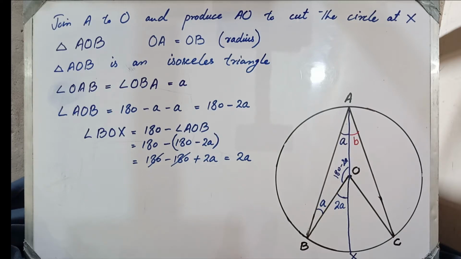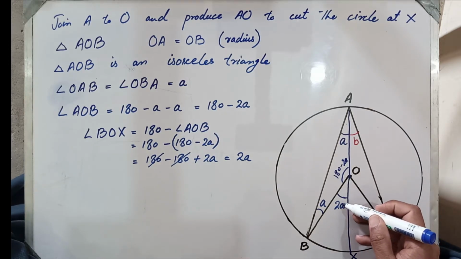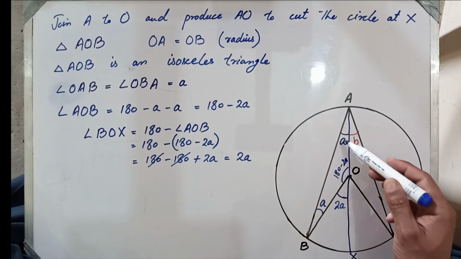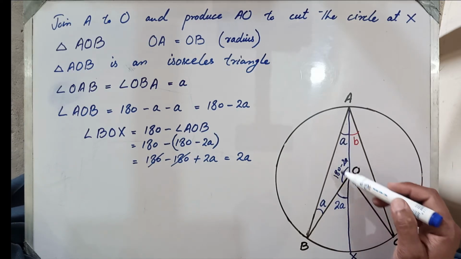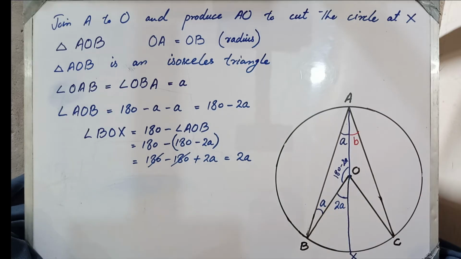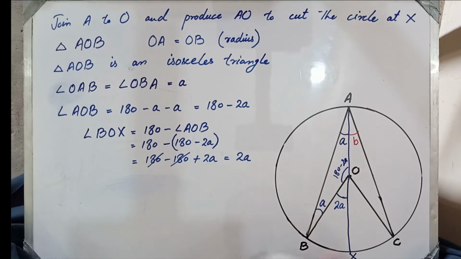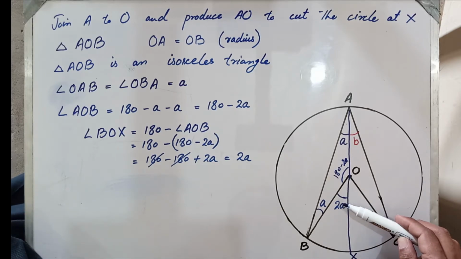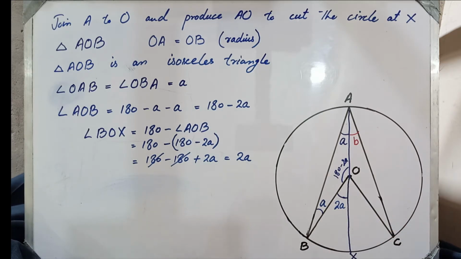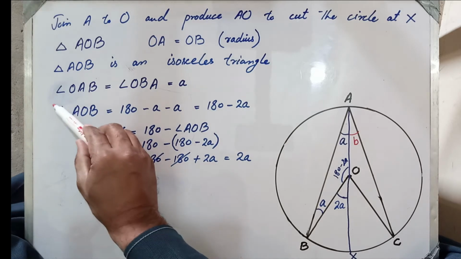Now there is another way to find this angle directly by using one of the properties of triangles, that the sum of two opposite interior angles is always equal to the exterior angle. You can find this angle directly without solving these steps.